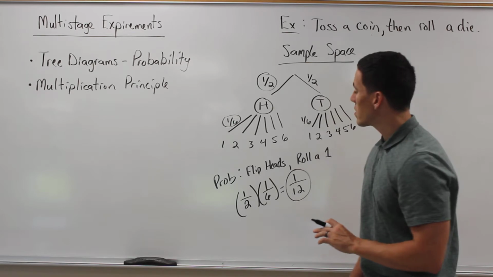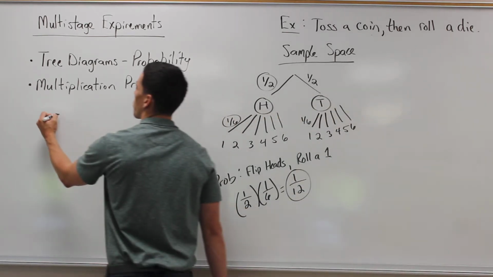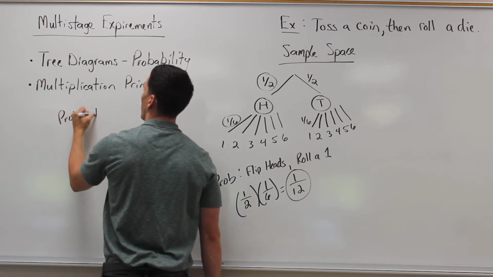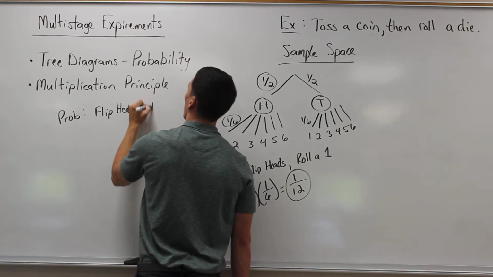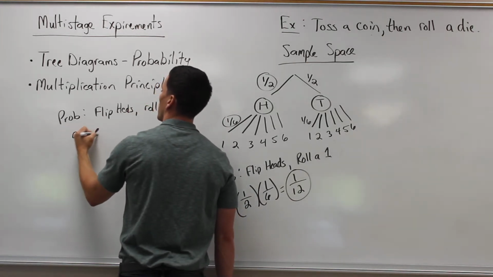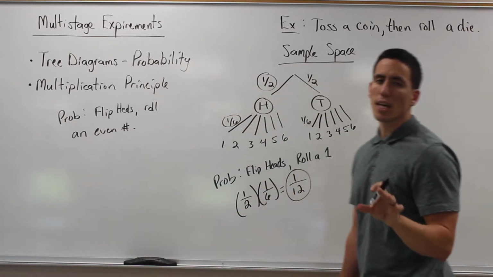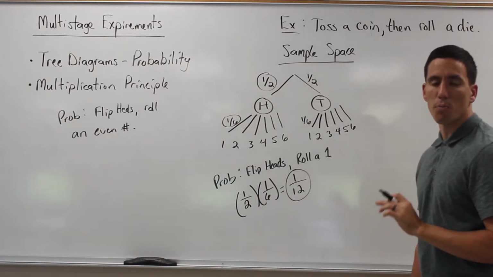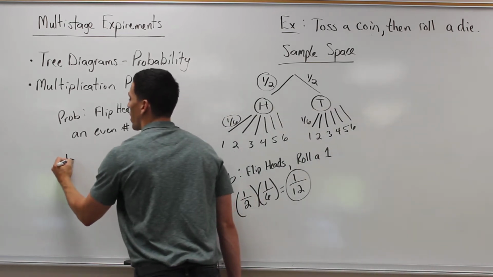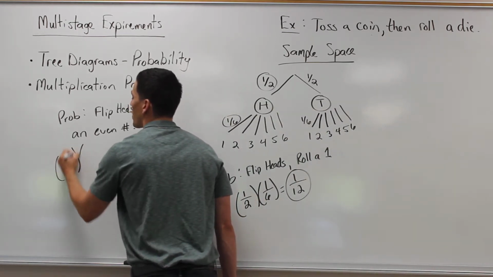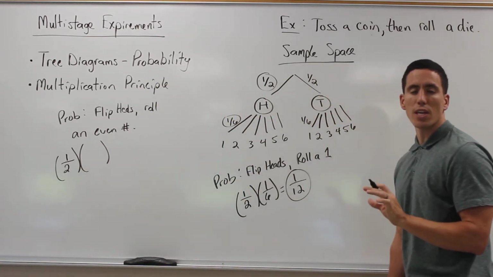Now, with that being said, let's say we change the scenario slightly, and let's say we want to know the probability that we flip heads and then we roll an even number. In this case, there are a couple of different ways that we can approach it, but you'll notice that the probability that we flip heads is still 1/2, but then we need to multiply that by the probability that we will roll an even number.